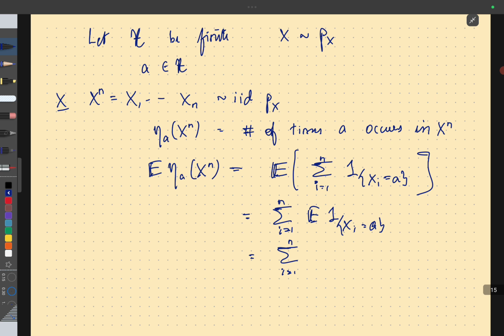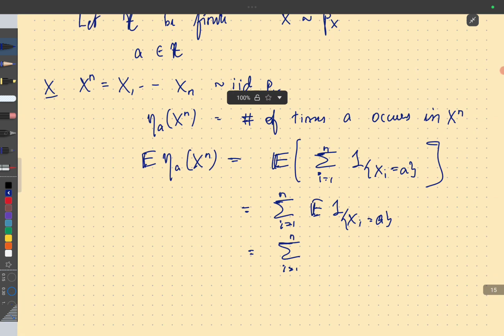The expectation of the indicator is the probability of the event, which is the probability that xi is equal to A, which is Px of A. And this is simply n times Px of A. Any questions so far?